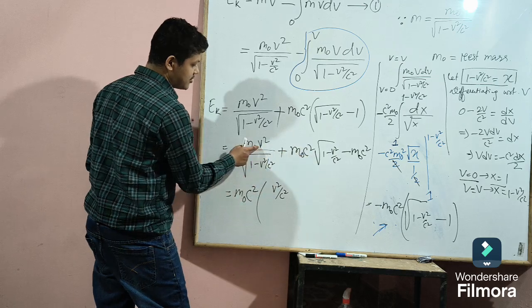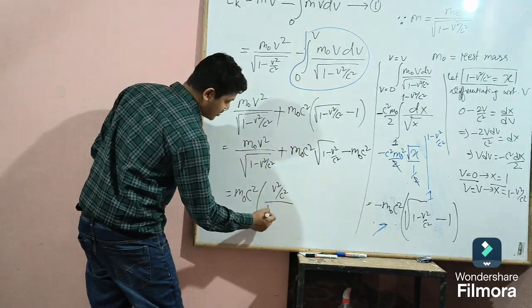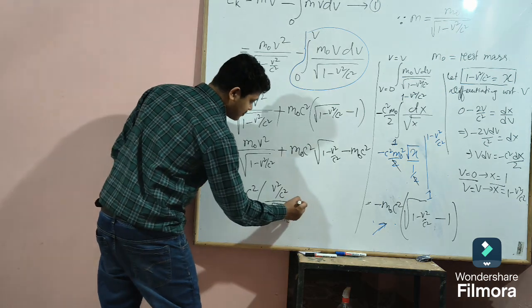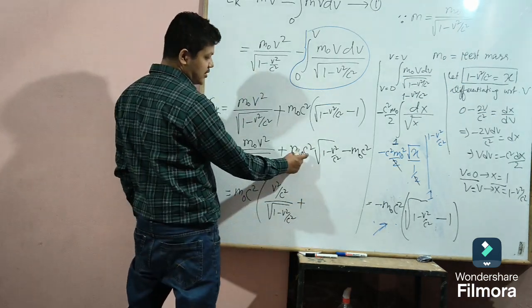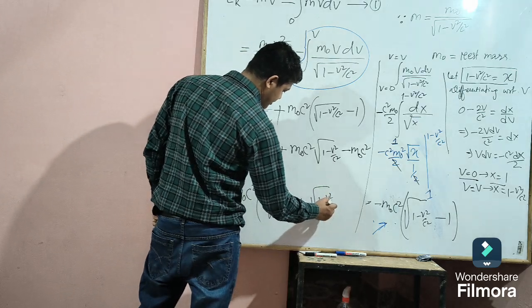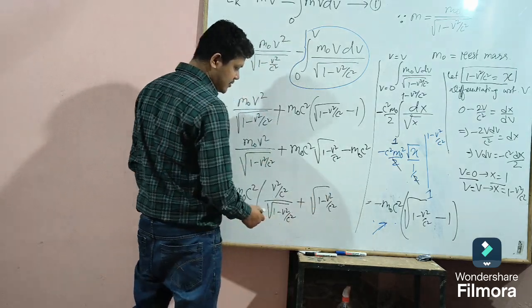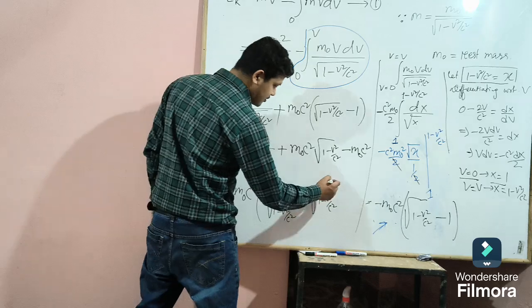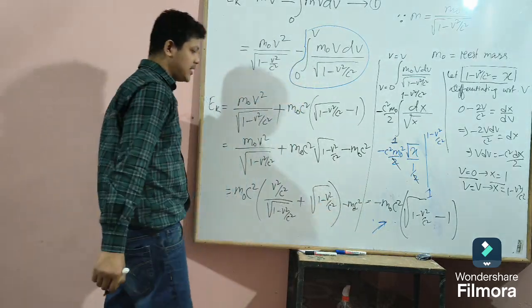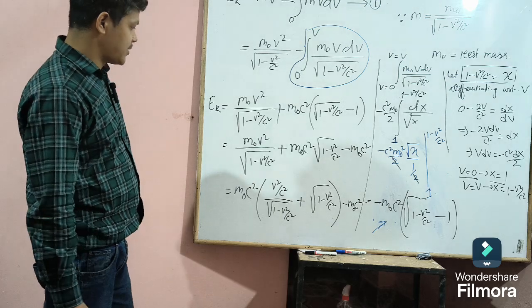Here we have c square but not here, right? 1 by root over 1 minus b square by c square, then plus, and these two common, we have 1 minus b square by c square. Okay, so now bracket close, minus m naught c square.